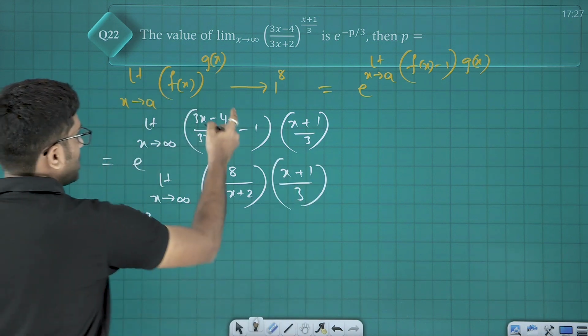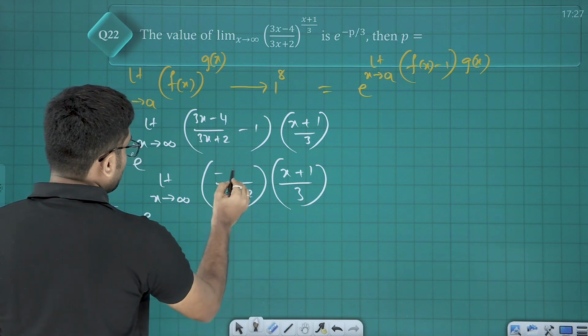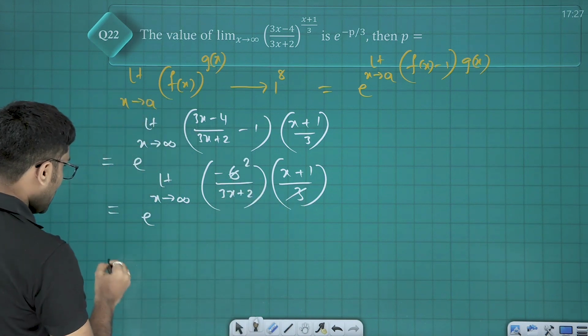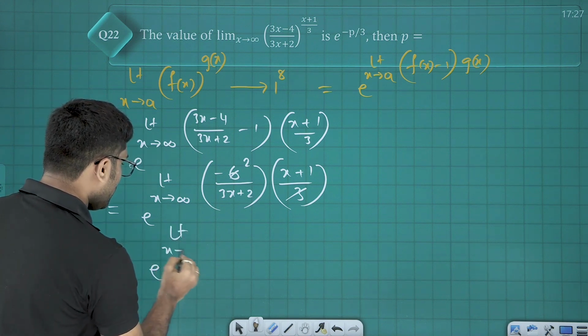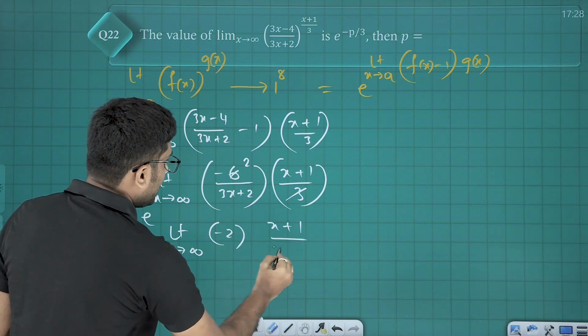Clear? Minus 4 minus 2 is minus 6. 3 ones are 3, 3 twos are 6. So from there we get e power limit x tends to infinity minus 2 into (x plus 1) by (3x plus 2).